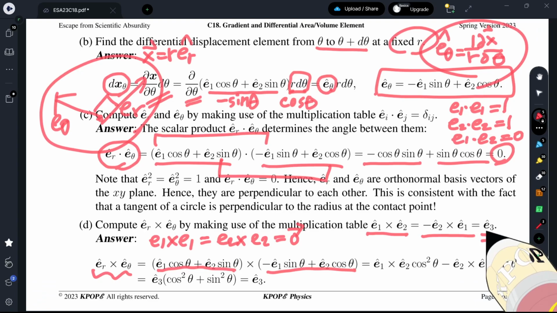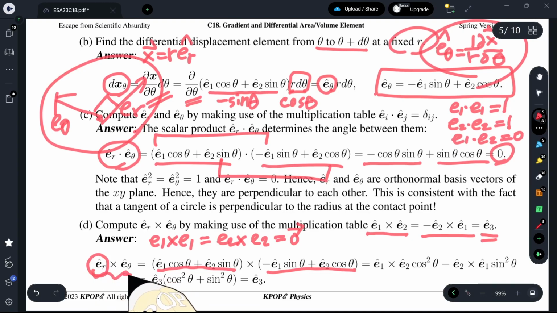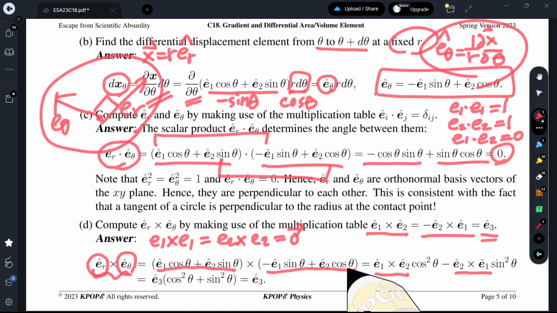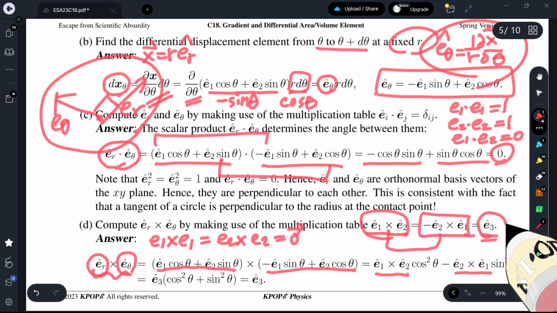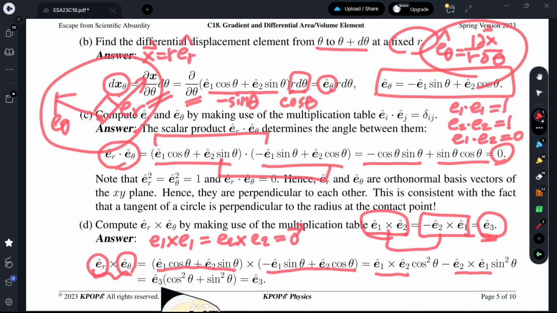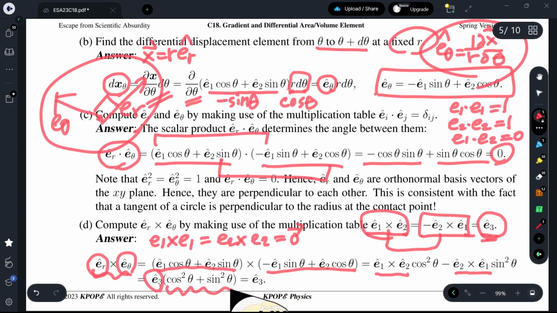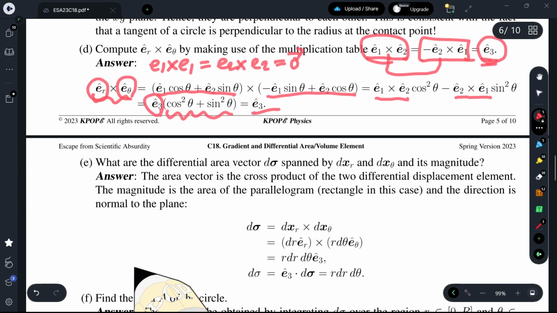So we substitute this multiplication table to find the cross product of e r and e theta. The surviving terms are cosine squared and sine squared, with the negative sign, but we know these two are identical in effect. So we can factor e3 out and apply Pythagoras' theorem to find that e r cross e theta equals e3.